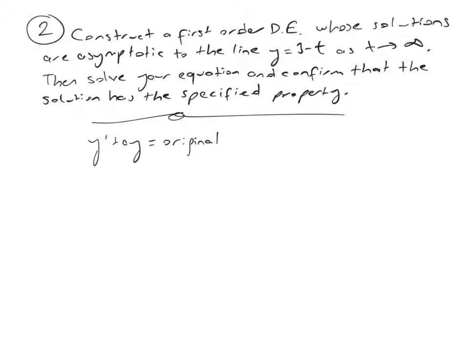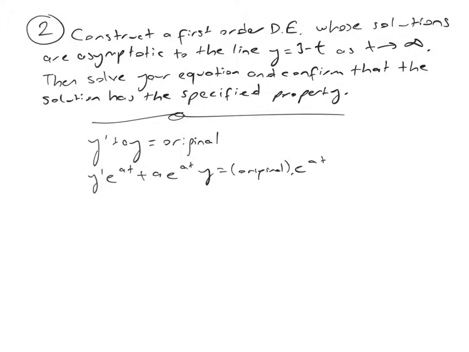So our integrating factor is equal to e to the at. By using this integrating factor, we get y prime e to the at plus a e to the at times y is equal to the original part times e to the at.